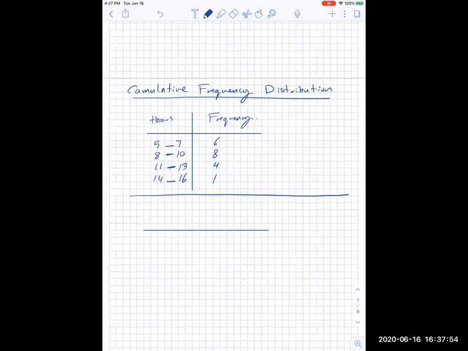Again, I'm going to have 2 columns. Again, labeling the same thing, hours, and instead of frequency, I'm going to say cumulative frequency.